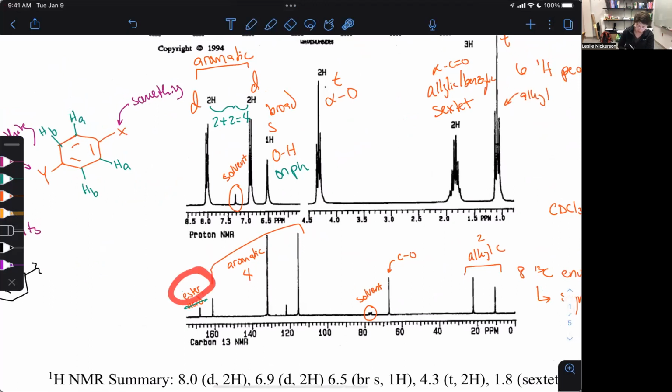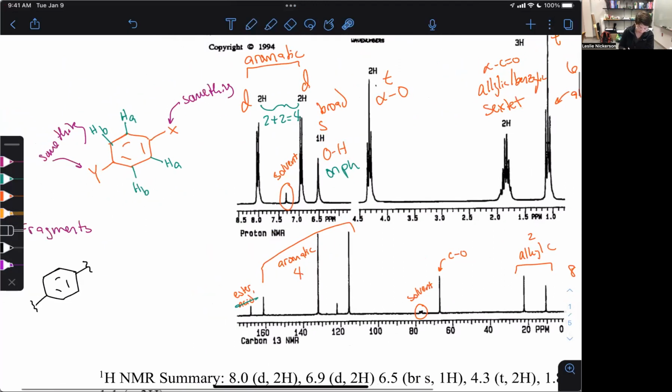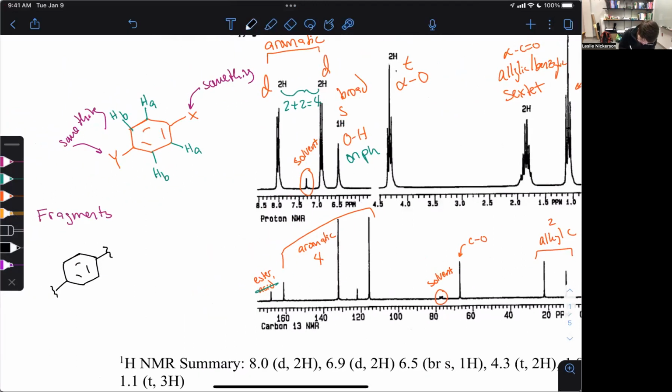So we kind of figured that there's probably an ester here because it looks like our alcohol is coming from an OH. So one of those fragments, we're going to have an OH attached to something. We think that this is probably our aromatic ring, just based on chemical shift, because it's definitely more downfield than most alcohols are.